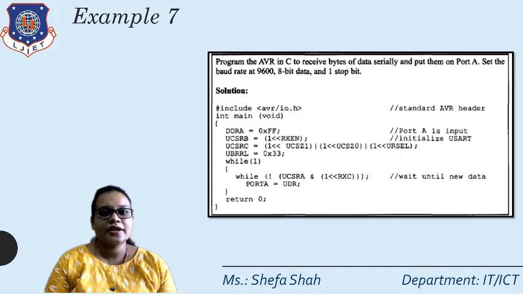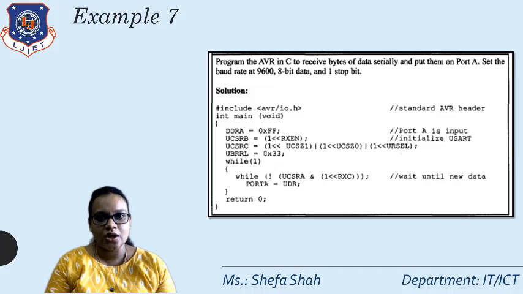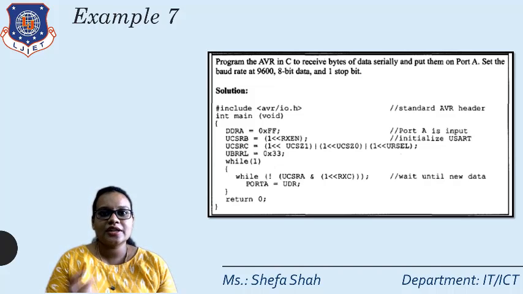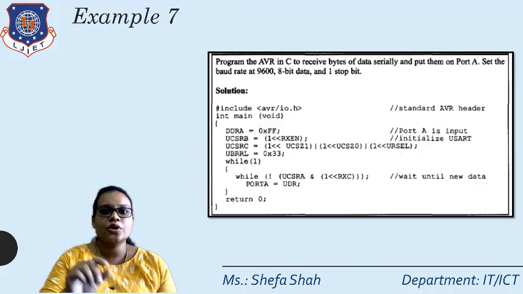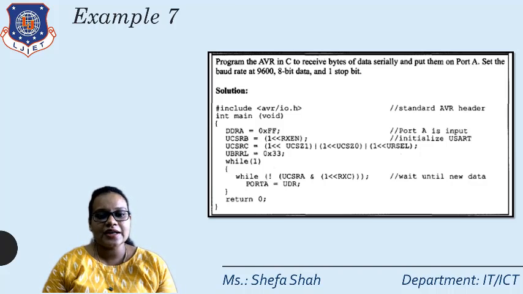Now we will check if the RXC bit of the UCSRA register is 1 or not. If it is not 1, then it will continuously stay in this while loop, right? But if it is 1, then it will come out of the while loop. And for receiving the data, the UDR data is transmitted to port A. So PORTA is equal to UDR, and the last instruction is return 0, right?